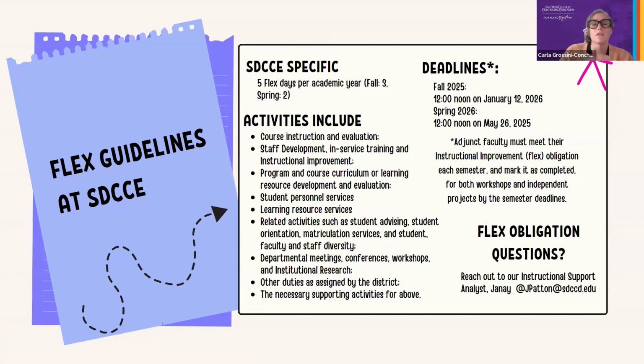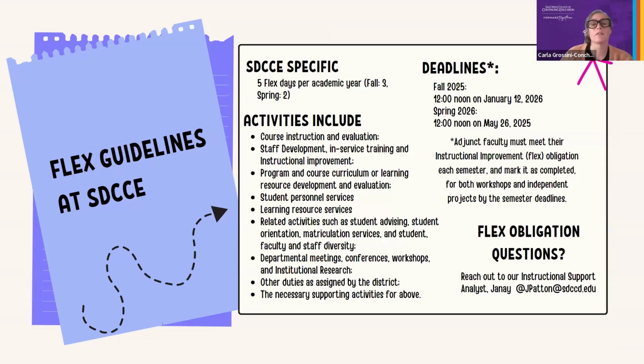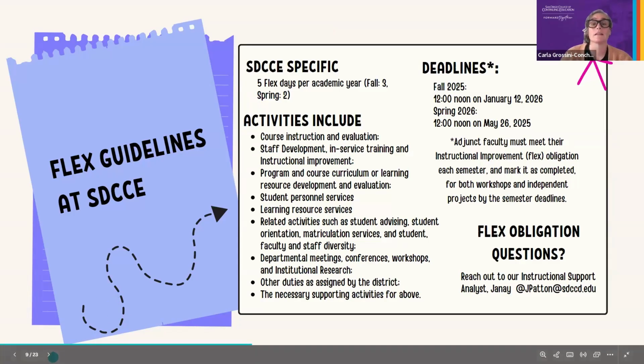So SDCCE for the fall, your deadline is January 12th to have all your flex done for the fall. And for the spring semester, both adjuncts and faculty have to complete their spring flex obligation by May 26th. And that includes any workshops you've attended, independent workshops and everything.